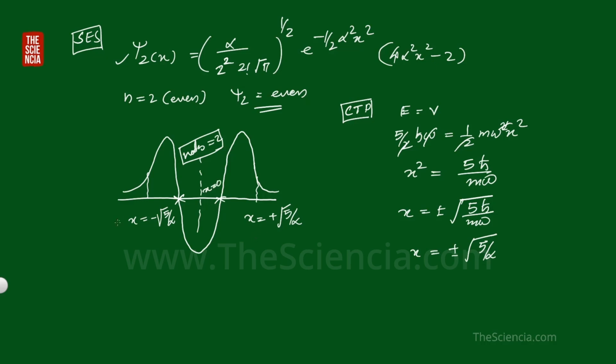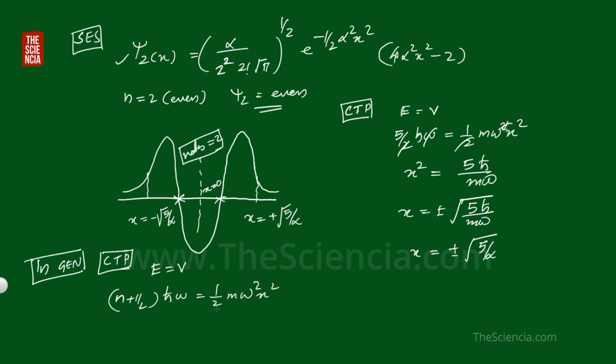Okay, so in general, the classical turning points are, the condition is E is equal to V, right? That is, E is equal to (n plus half) h cross omega is equal to half m omega square x square. So we can cancel this omega and this omega square. That is, x square is equal to, so here 1 by 2 is there, so we have to multiply it.